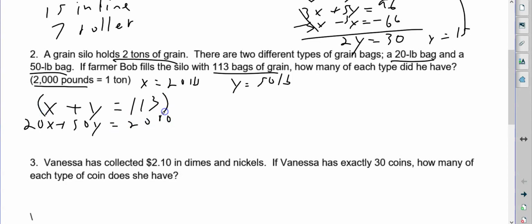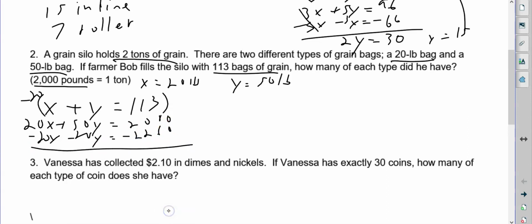So I'm going to multiply here by -20. It's going to give me -20x, -20y equals -2260. Okay, hopefully you caught my mistake. It's 2 tons. Each ton is 2,000, so this should be 4. Then when I subtract those, I get 1740. And I get 30y.